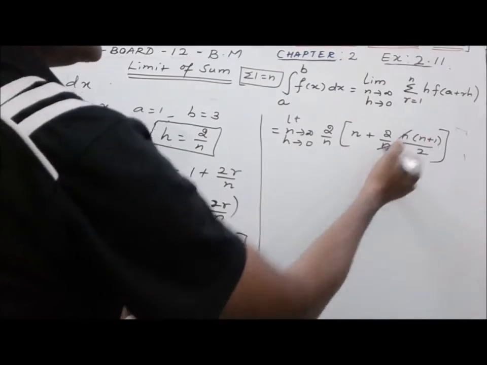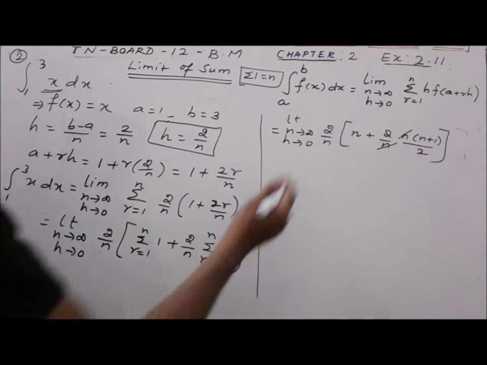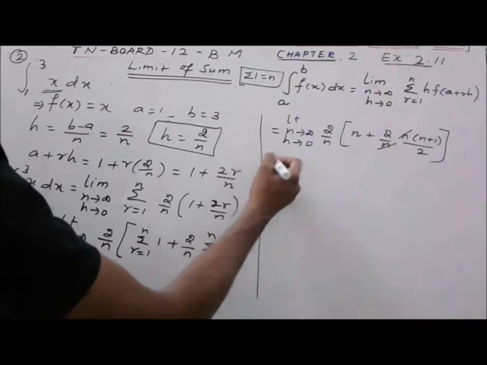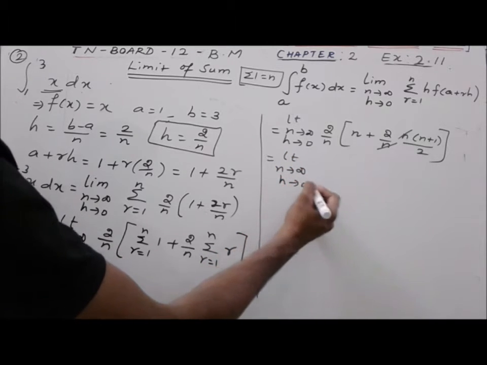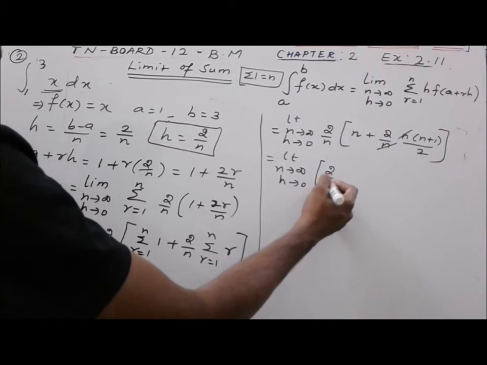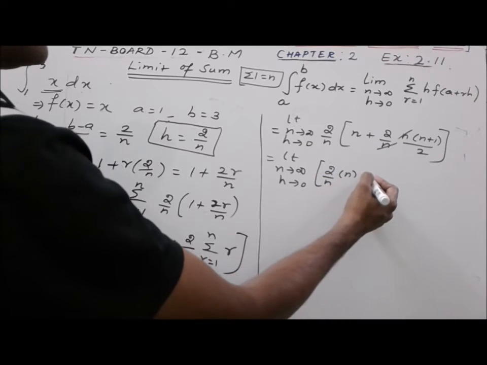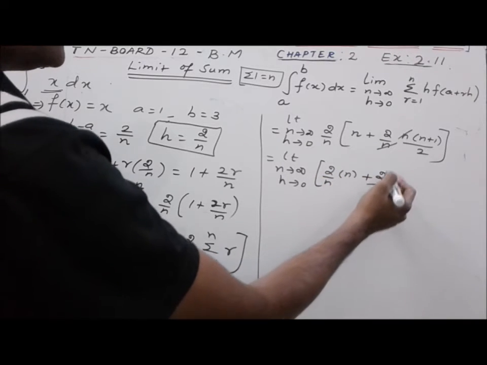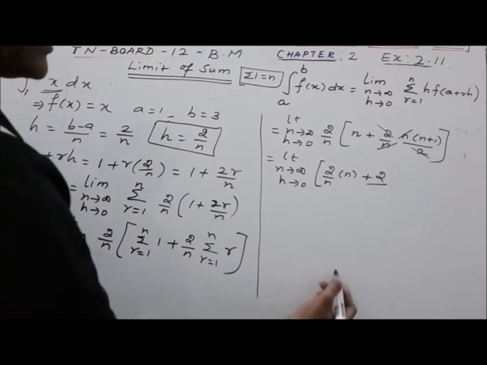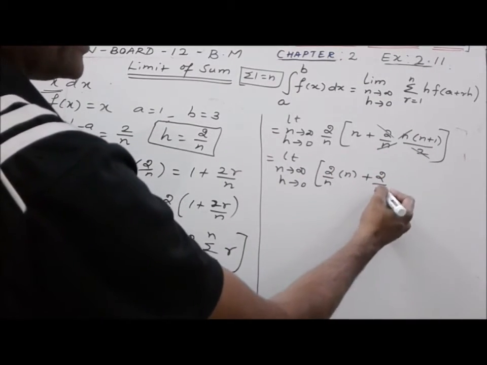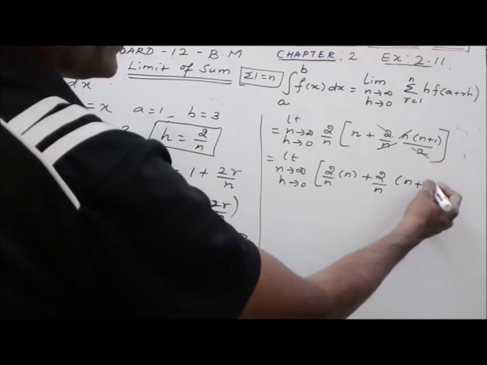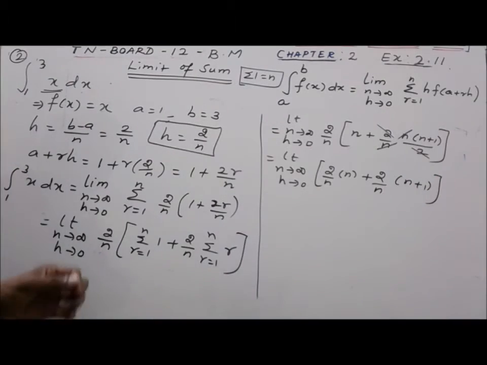Now we can cancel these two n. Here multiply 2 by n inside, limit n tend to infinity, h tend to 0, 2 by n into n plus 2 by n. These two also get cancelled. Now multiply inside 2 by n, 2 by n into n plus 1 remains. Here both n get cancelled.